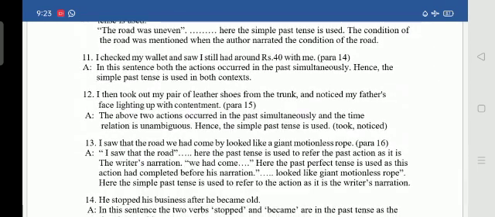See the 11th. I checked my wallet and saw I still had around rupees 40 with me. This is in para 14. In this sentence, both the actions occurred in the past simultaneously. Hence, the simple past tense is used in both contexts. See the 12th.